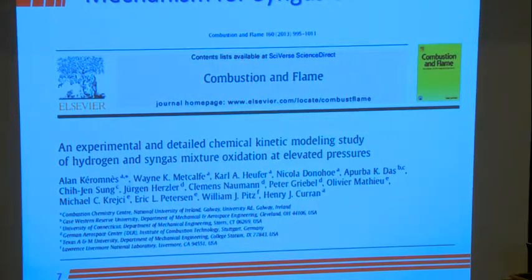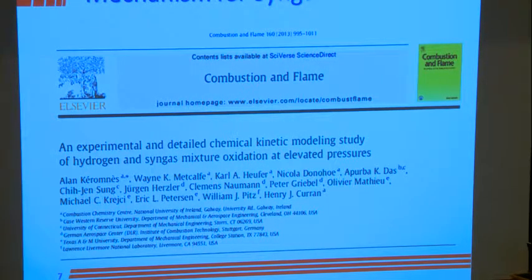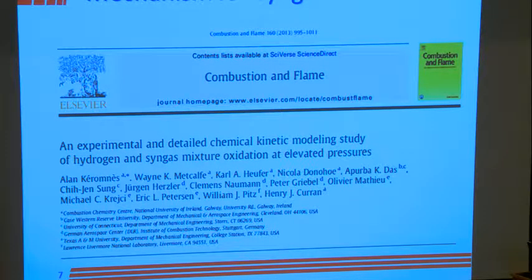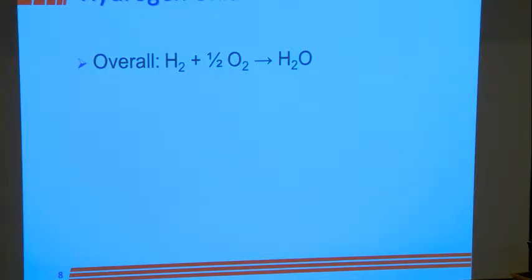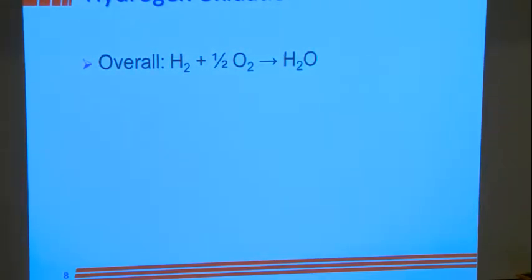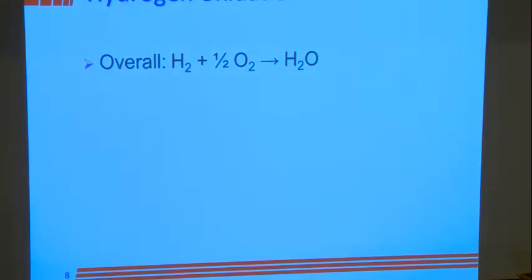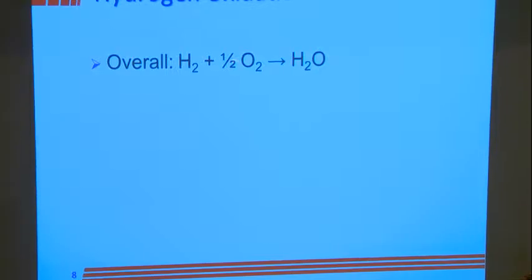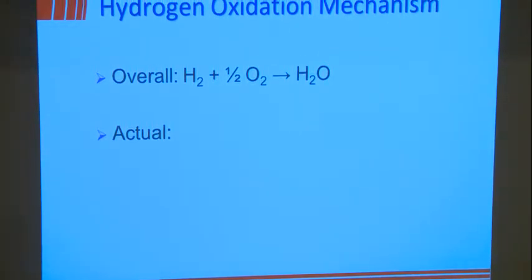Okay. So here's just the title page of a paper that we published on syngas oxidation a few years ago from my group. And it just, overall for hydrogen oxidation, which syngas is just hydrogen and CO, okay? The hydrogen oxidation mechanism, the overall reaction can be written as hydrogen plus a half O2 gives water, okay?